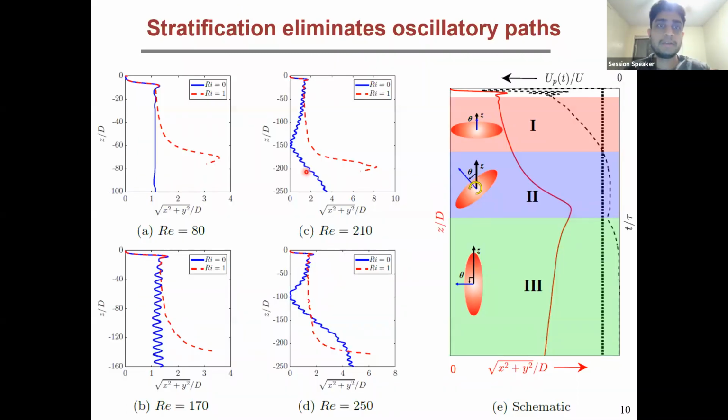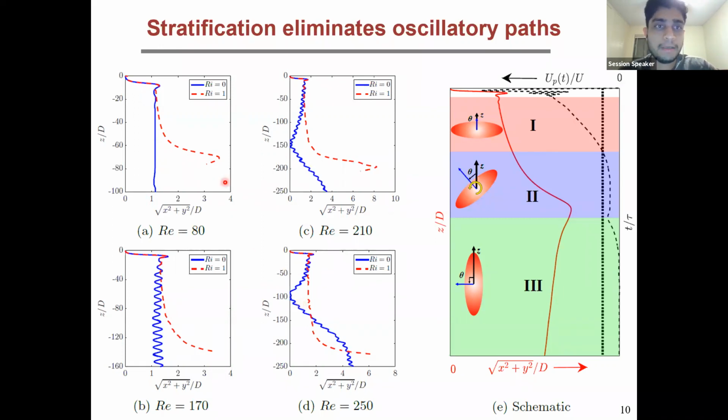Next, we also compare the settling trajectories of these spheroids in a homogeneous and a stratified fluid, as shown here. So the blue line here is the trajectory of an oblate spheroid in a homogeneous fluid at different Reynolds numbers. And as you can see, the settling path is oscillatory for higher values of Reynolds number.